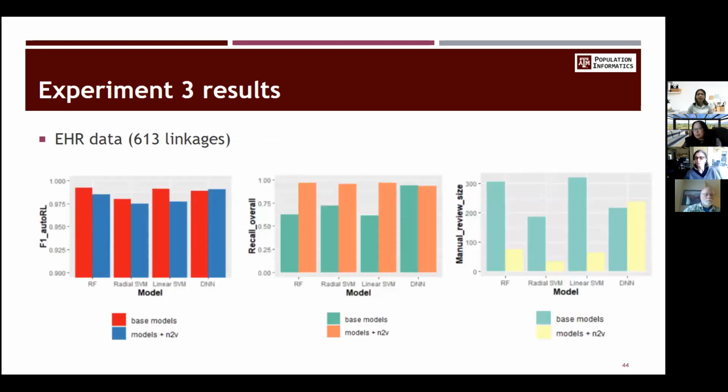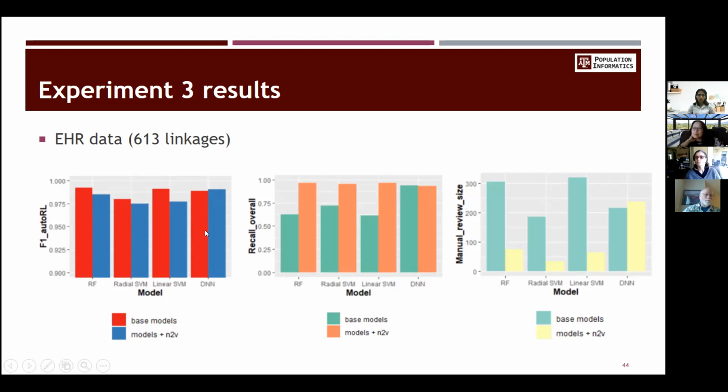And finally, as our last experiment, we added two features to our data: name2vec for first name and name2vec for last name. As you can see here, adding name2vec can cause a big reduction in manual review size and a significant increase in the recall, but the F1 score didn't change much.